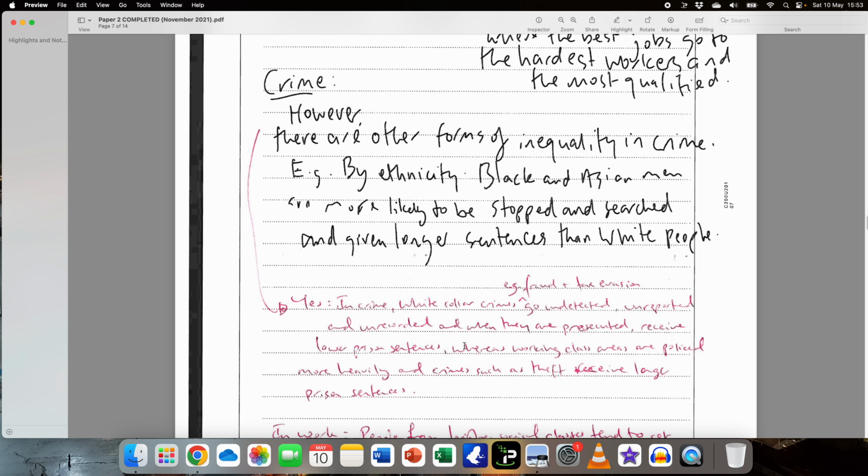So this is where social class affects the criminal justice system. However, my other side, there are other forms of inequality in crime. For example, ethnicity. Black and Asian men are more likely to be stopped and searched and given longer sentences than white Britons or white people. So here I'm saying, yes, social class still matters, but other things matter as well. That's my however.